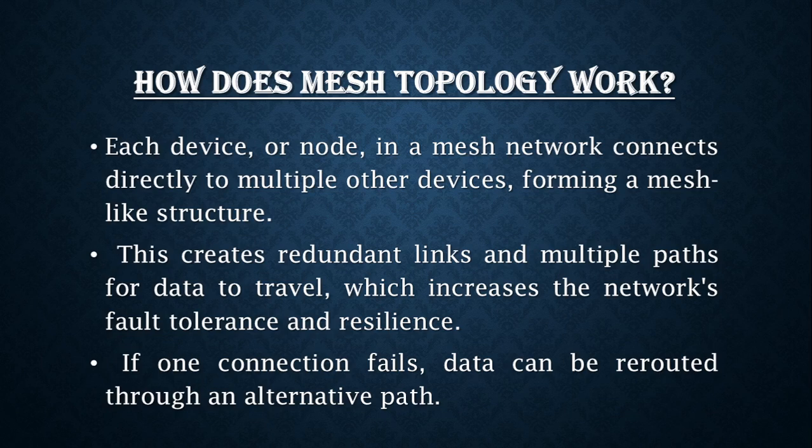If one connection fails, data can be rerouted to an alternative path. So this way mesh topology works. If a connection fails, then it will reroute through another path or another link, so the devices are interconnected with each other and they can send or receive data.